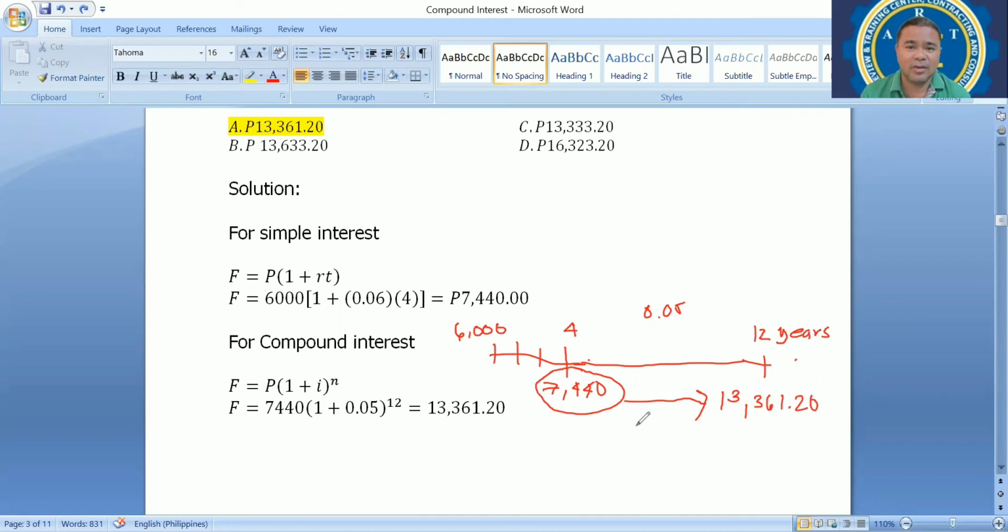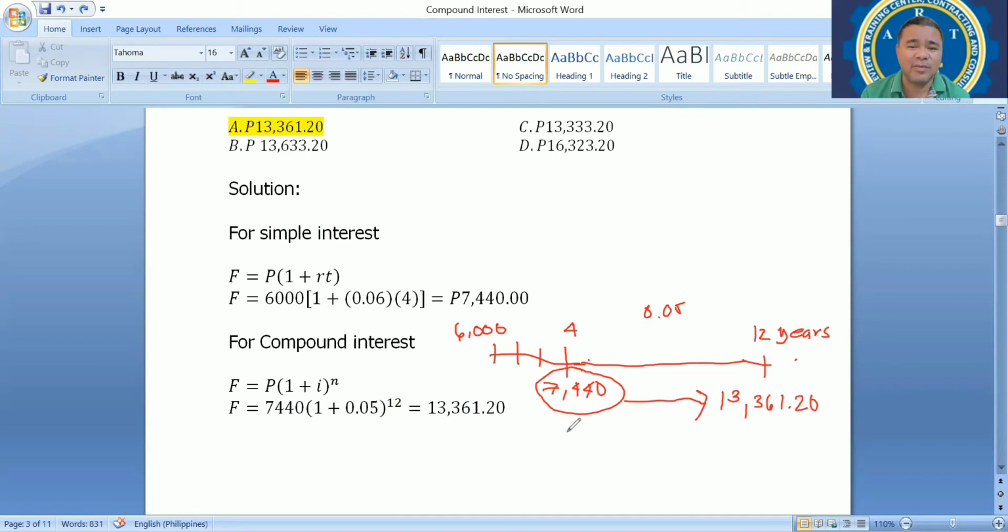Okay, recap. The 6,000 invested for 4 years at a simple interest rate of 6% earns interest, and with the principal becomes 7,440.